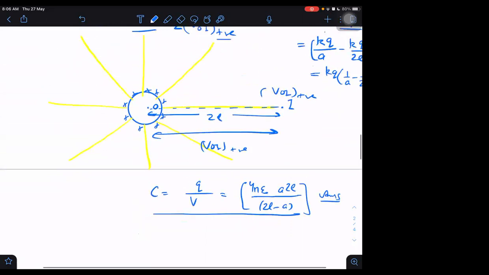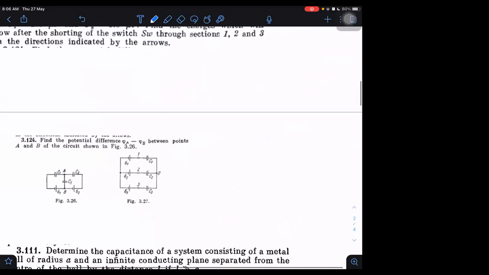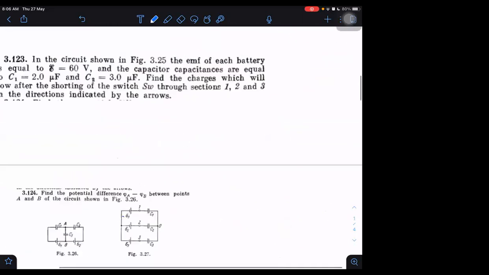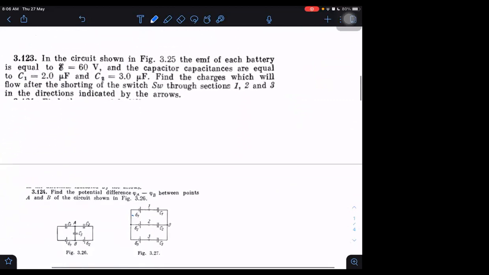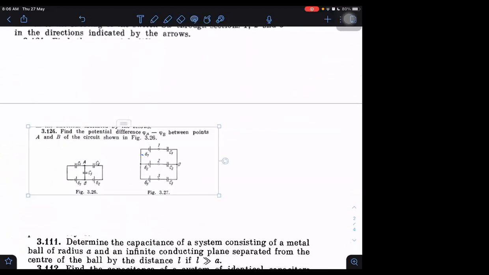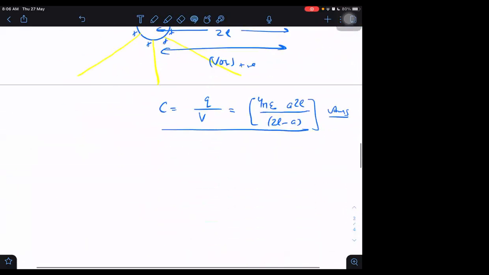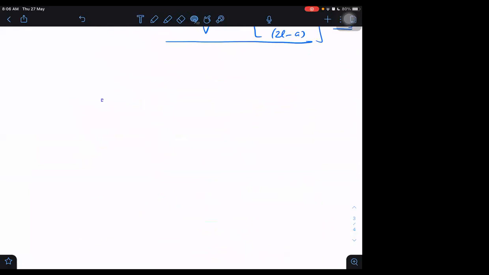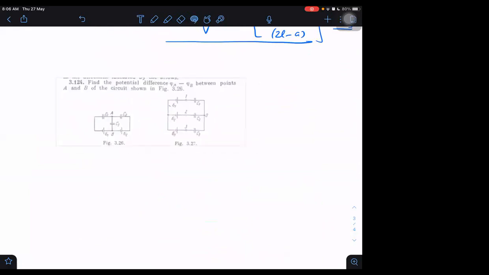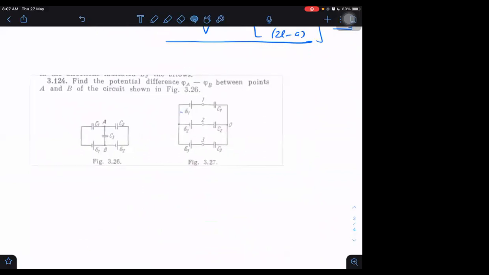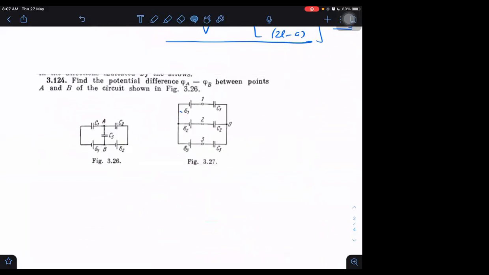Next, we have another question. That is this one we can take. Find the potential difference between points A and B. Can you do that? It is simple although, but I want you to do that yourself only.